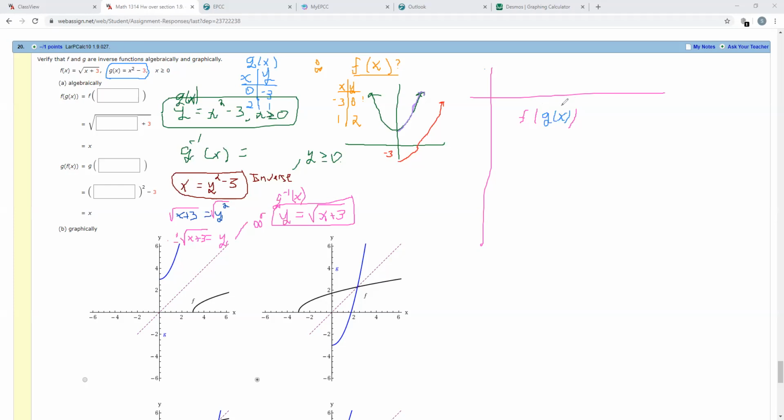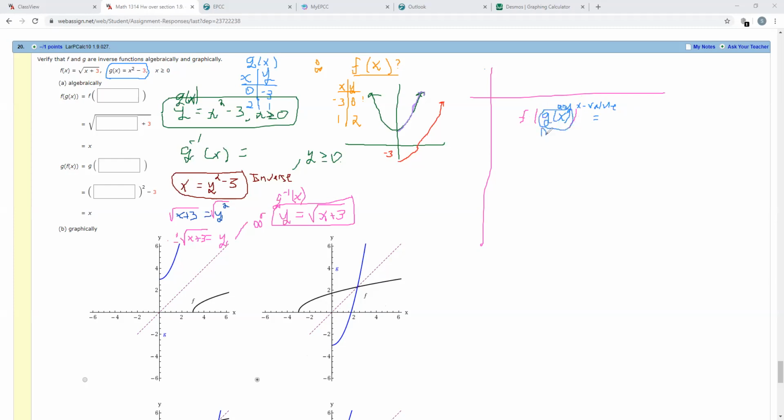But in general, you show it for any x value in the domain of g. So instead of picking one specific numerical value for x, we could have picked 4 or 3 or 2 or 1, and we could have done it that way. But the general proof is, for any x value, you put that into g.